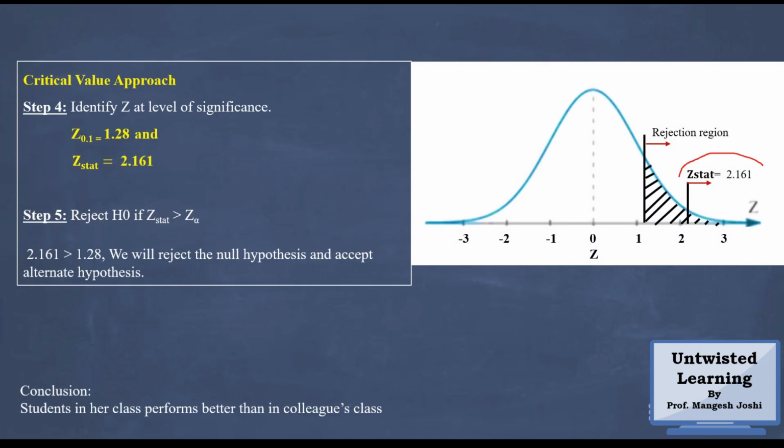So this is the Z statistic value 2.161, and Z at 0.1 for a one tail test is 1.28, which decides the rejection region. Since the Z stat is in the rejection region, we have to reject H0 and accept the alternate hypothesis. What is the alternate hypothesis? That students in her class perform better than in the colleague's class. So whatever she was saying was correct.